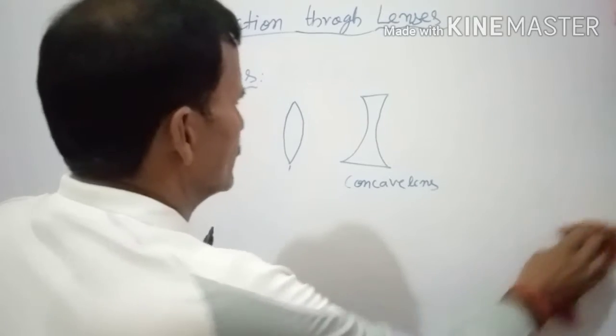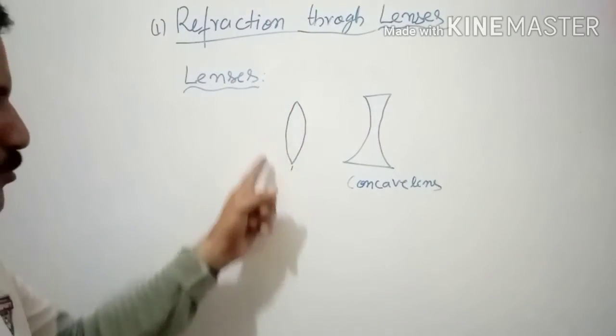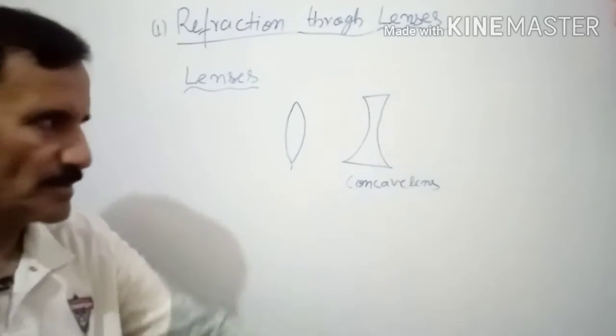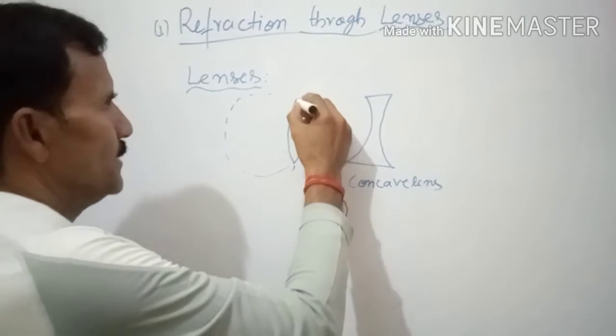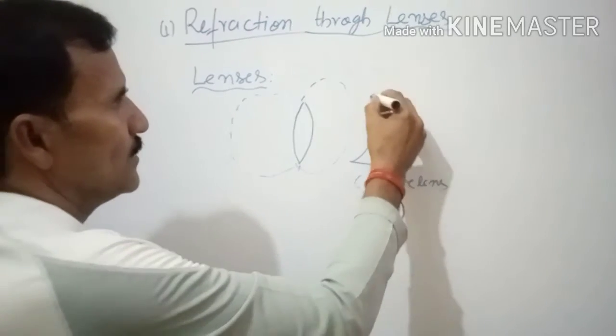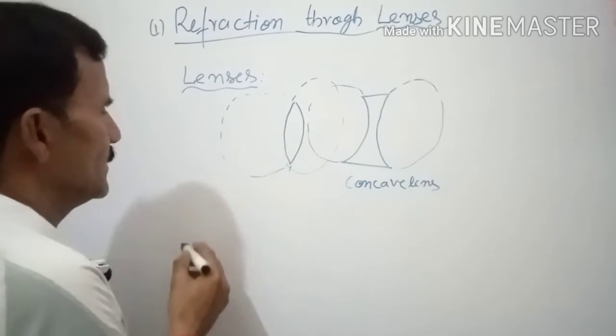So what are lenses? Lenses are those which are covered by two spherical surfaces. These are parts of a sphere. This is also a sphere. So what can be the definition?